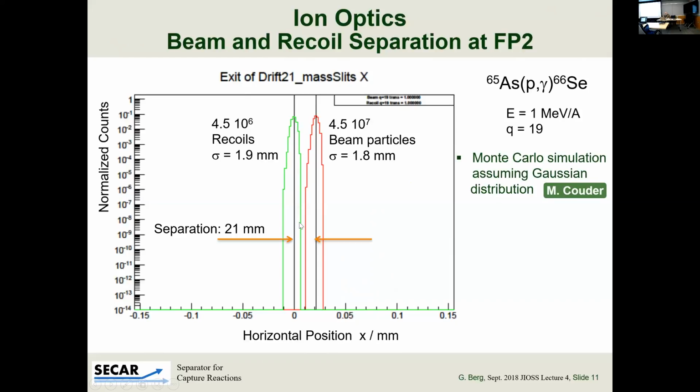But for the exercise, it shows that for this reaction, which is considered one of the worst for the mass separation, where you need the best mass separation you can get, the separation in that case is 21 millimeters, and there is not a single event there where you put the slit for your recoils of the beam.